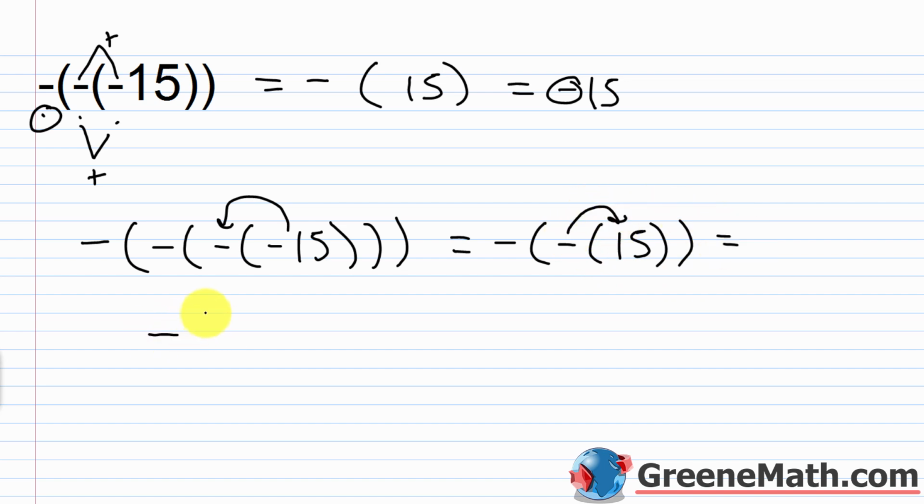So we would have the opposite of negative 15. And then this last one would make it positive again, right? We have another pair. So this becomes 15. So just count the number of symbols that you have. Again, pair them up. So in other words, this is a pair and this is a pair. So we end up with an even number of those symbols, so we get a positive result.